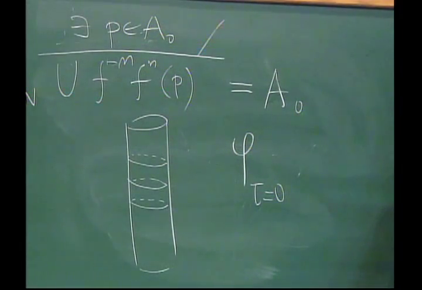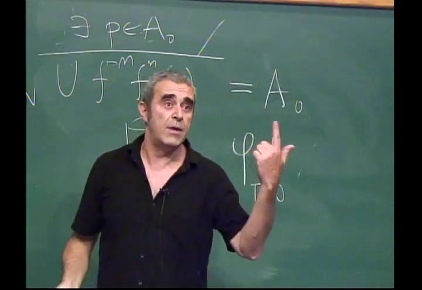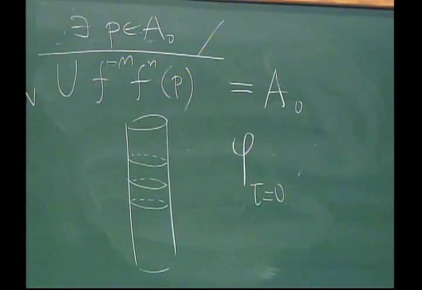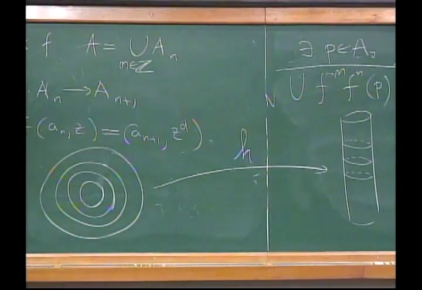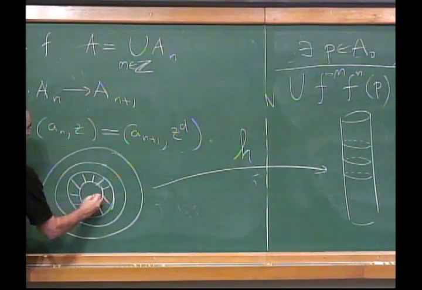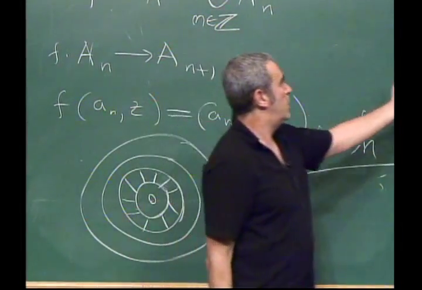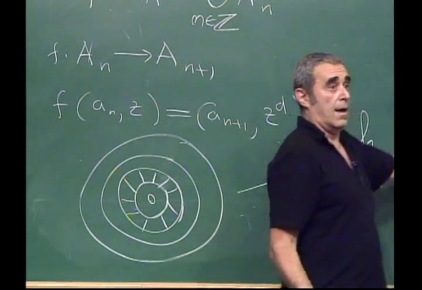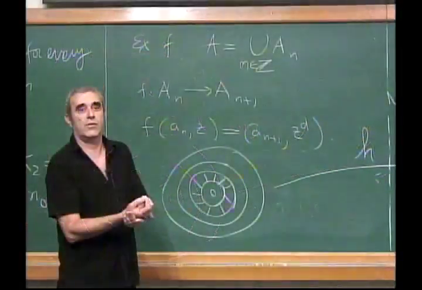It has an invariant foliation, a forward invariant foliation by circles. If you have a conjugacy, or even a semi-conjugacy, from this to this, then this annulus A0, the point P has an image. The image of this set is contained in only one curve.